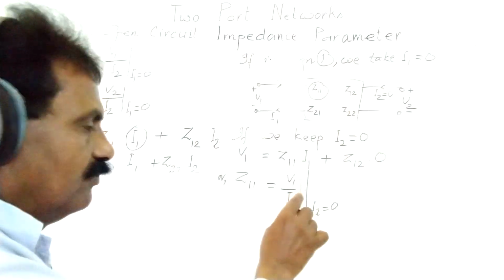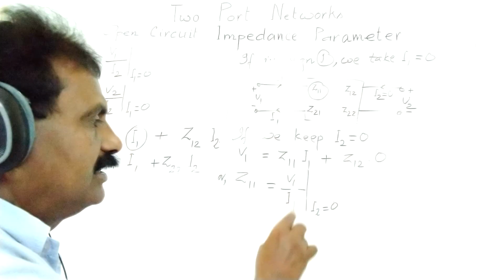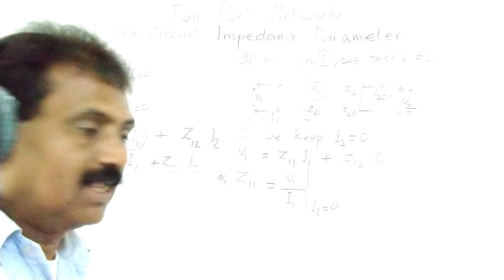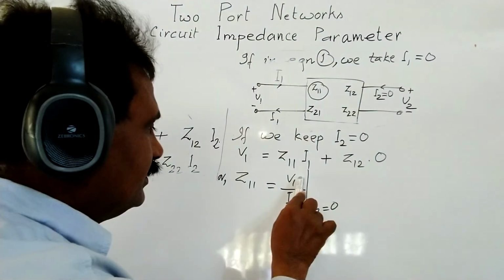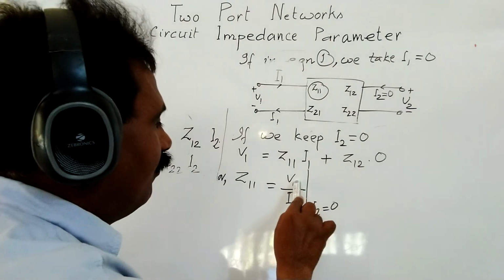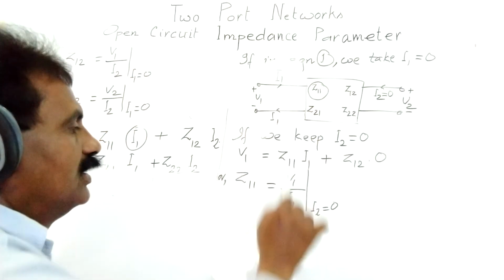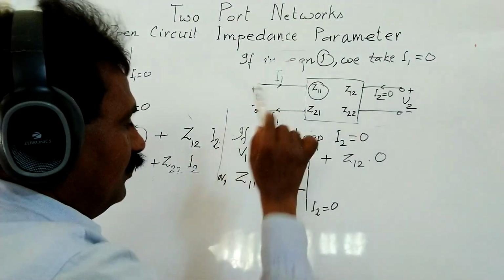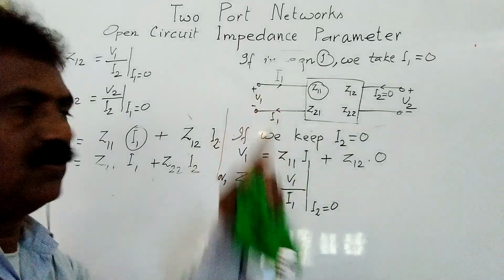Then we can say this is the value of the open circuit impedance parameter. And now what are we observing? This is the ratio of the voltage of the input port and the current of the input port. It means this is the ratio of voltage and current of the same port.